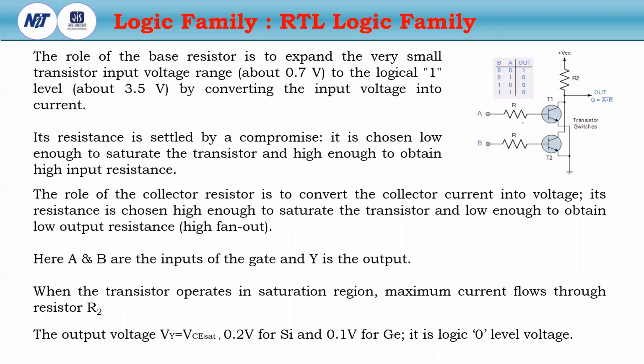The role of the collector resistor is to convert the collector current into voltage, and its resistance is chosen high enough to saturate the transistors and low enough to obtain a low output resistance. If it is low output resistance, then the fan out of the RTL logic gate will be very high.